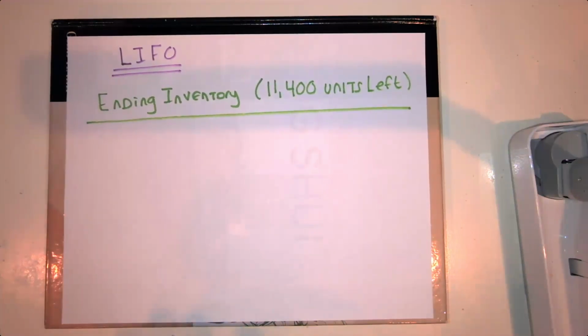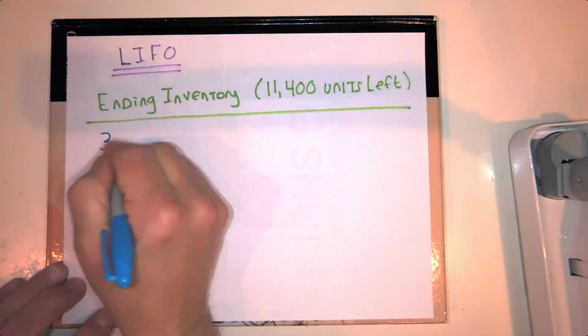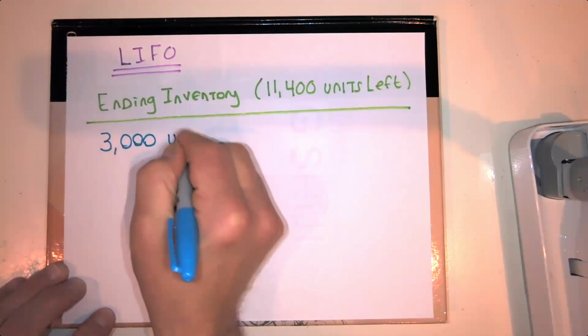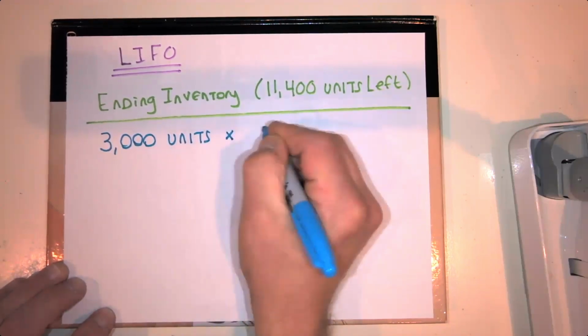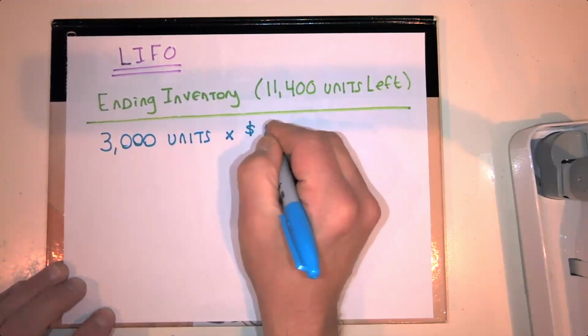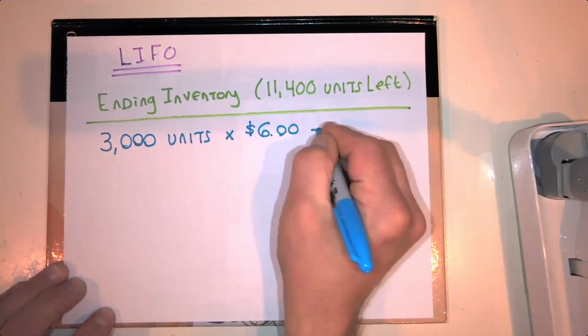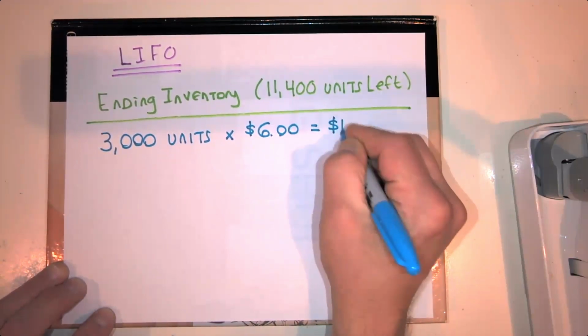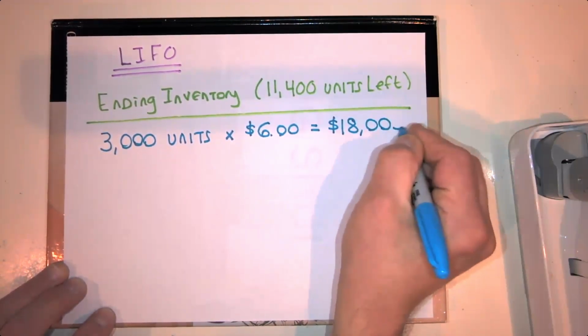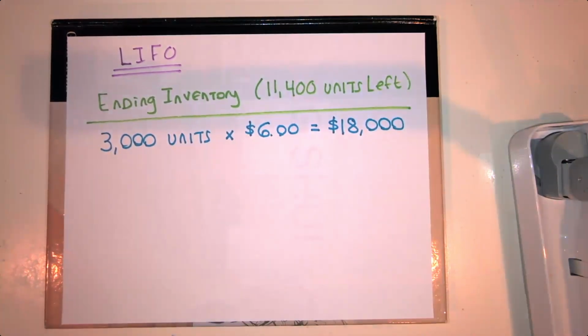Connor, good. I'm going to have one more question for you in just a moment. So I'm going to take those 3,000 units from the beginning inventory, each costing $6. And that would give me a cost of 18,000 assigned to our ending inventory.